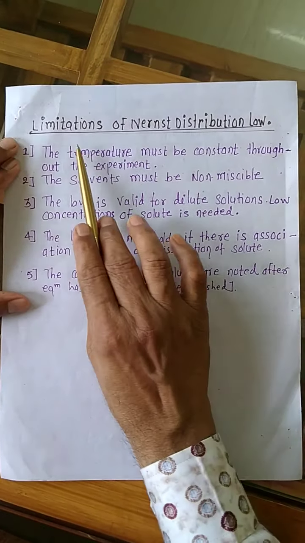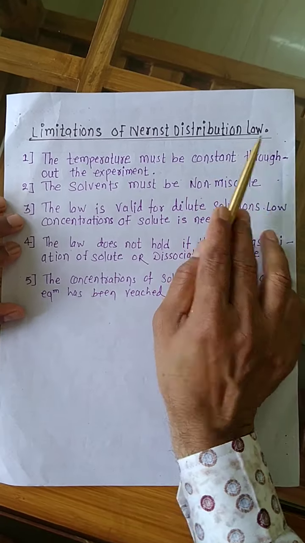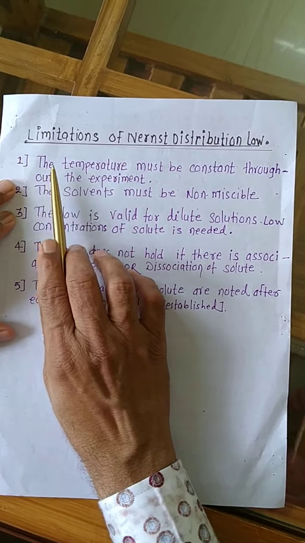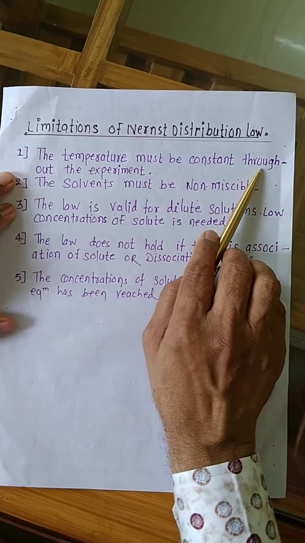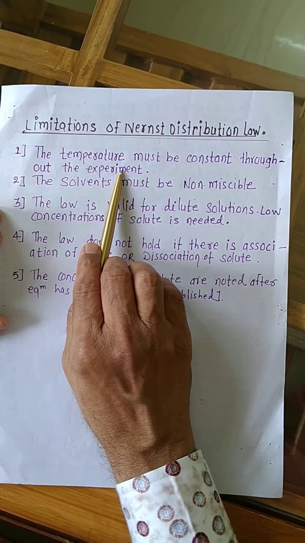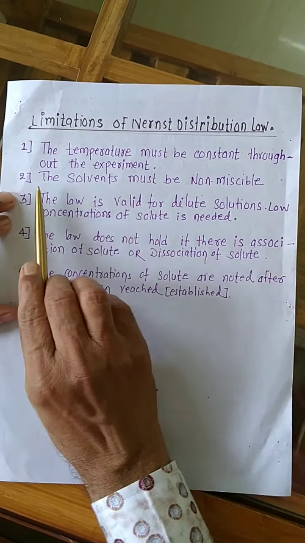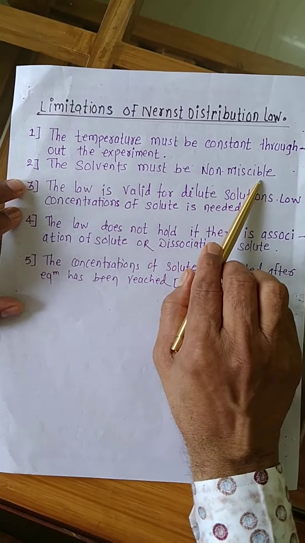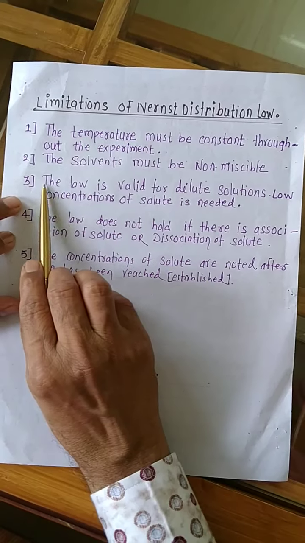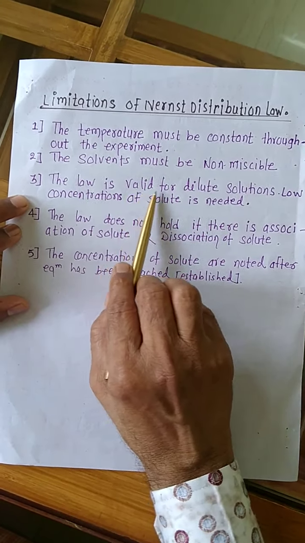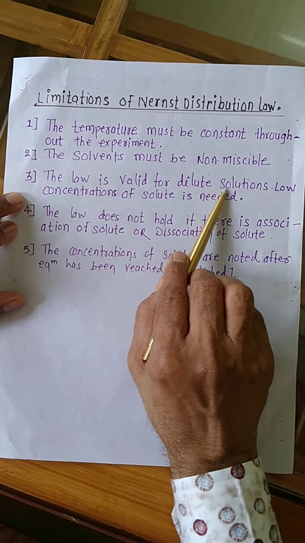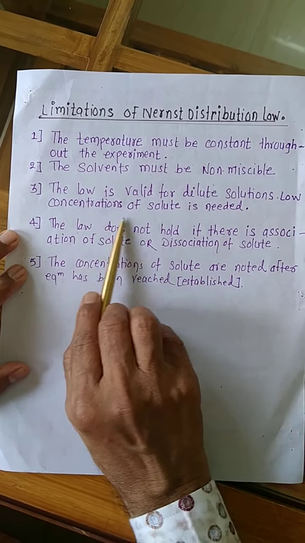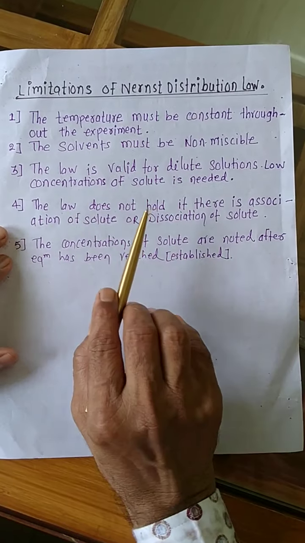Learn here the limitations of Nernst distribution law. The first limitation is that the temperature must be constant throughout the experiment. Second, the solvents must be non-miscible. Third, the law is valid only for dilute solutions, that means a low concentration of the solute is needed.